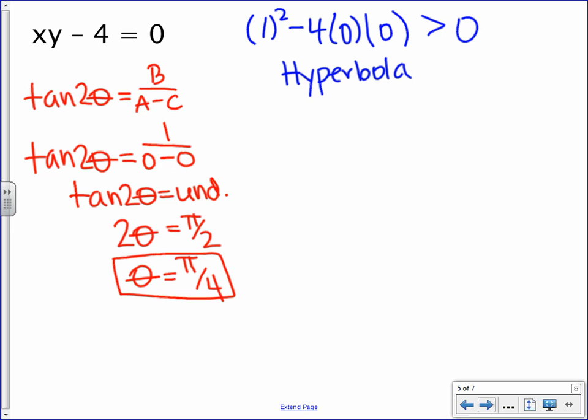Then we get to redefine our variables. x is x prime cosine theta minus y prime sine theta, right? That's what you have written down. So we're going to take theta and put in pi over 4.